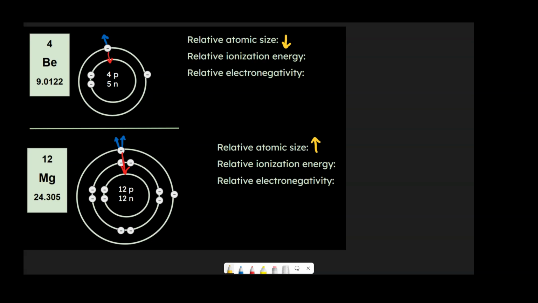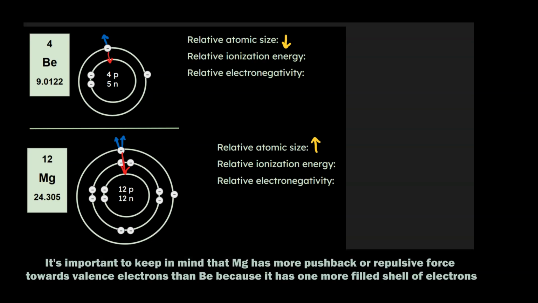Relative ionization energy. Now, this is where the distance concept that I had talked about really comes into play. If the magnets you're playing with when you were a kid are farther apart, remember that force between them gets much, much, much less. It's an inverse squared relationship, so it means it's much, much, much less. So as a result, the bigger atoms, they hold on to those outermost electrons more loosely, you could say.